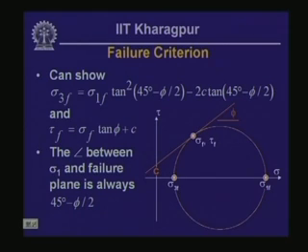If you consider the simple case of linear failure envelope, and such type of linear failure envelope is called Mohr-Coulomb failure envelope, then you can show that the minor principal stress at failure sigma 3f is equal to the major principal stress at failure sigma 1f multiplied by tan square of 45 degree minus phi by 2 minus 2c tan of 45 degree minus phi by 2.